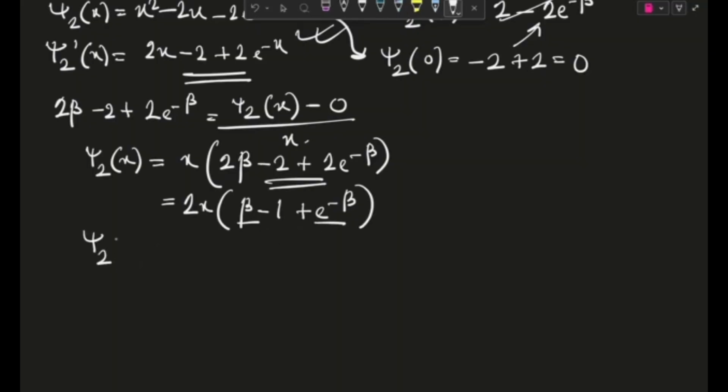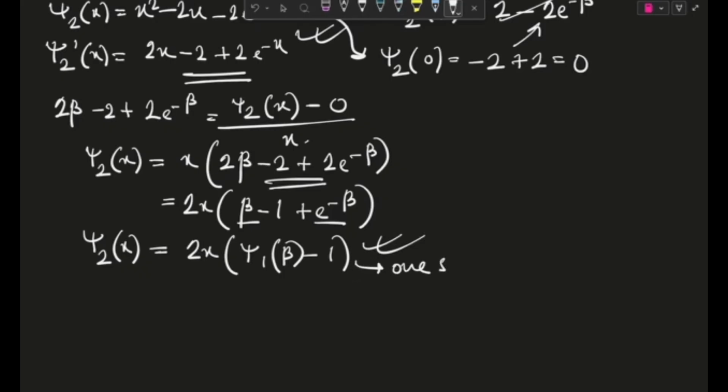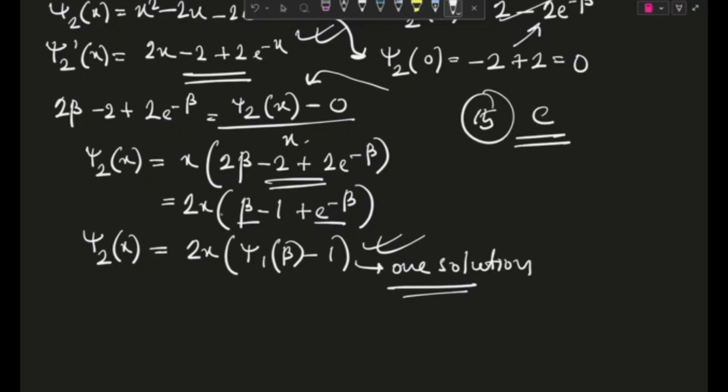So xi2 of x is equal to 2x times xi1 of beta minus 1. So indeed this option is correct, and this actually has one solution from our expression of Lagrange mean value theorem. So for question number 15 here, our correct option is option C.